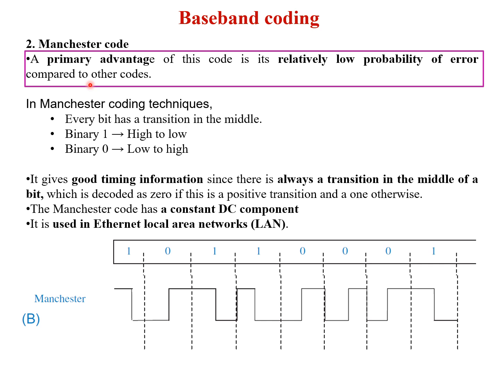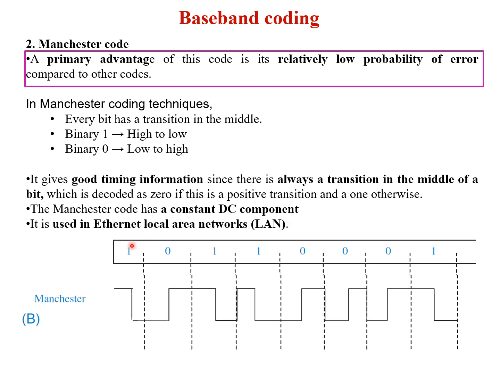Binary 1 is represented by a positive pulse followed by a negative pulse, or high to low, and binary 0 is represented by a negative pulse followed by a positive pulse, or low to high. It gives good timing information since there is a transition in the middle of a bit. The Manchester code has a constant DC component and it is used in Ethernet local area networks.